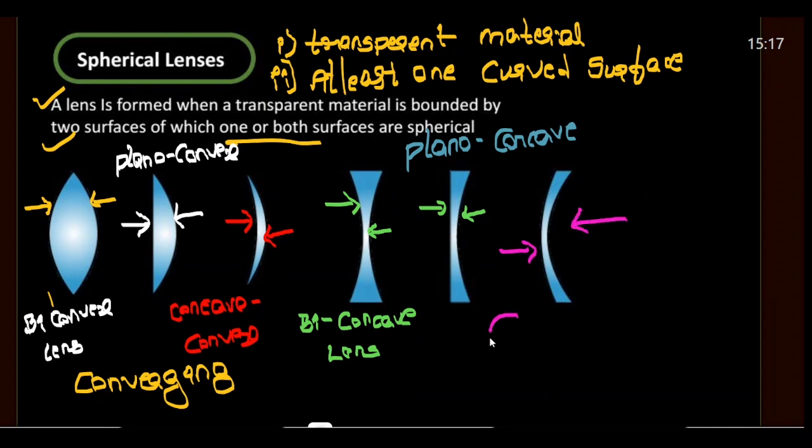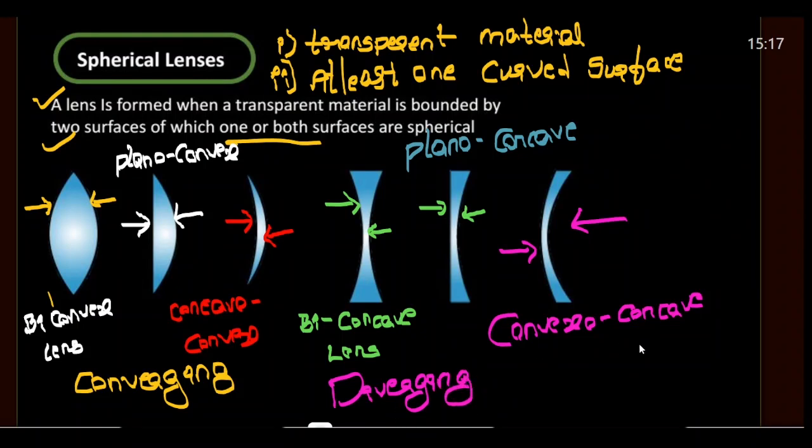So we can call it convexo-concave. And all three of these lenses are diverging lenses. Okay, and now let's see how these lenses are formed.